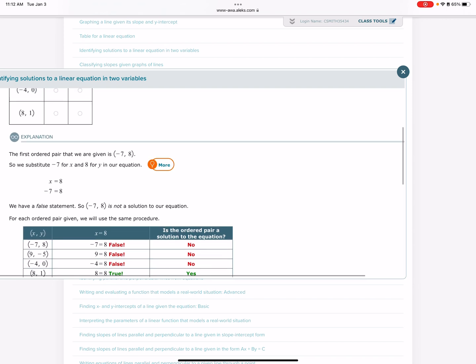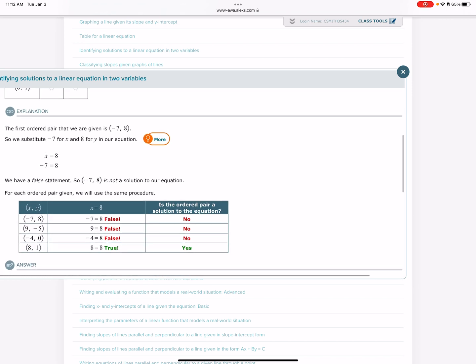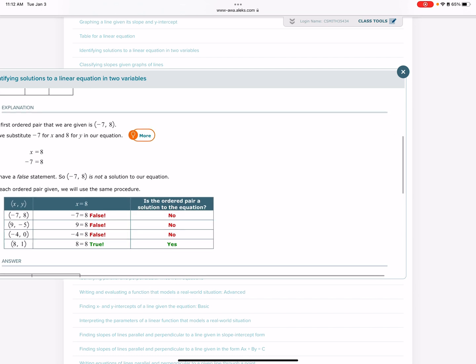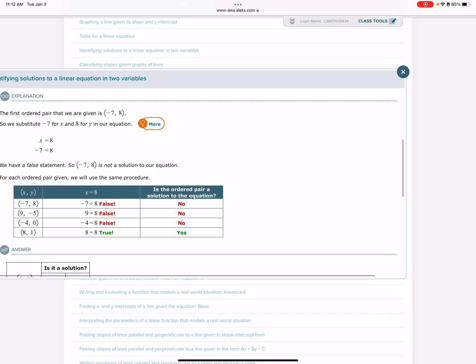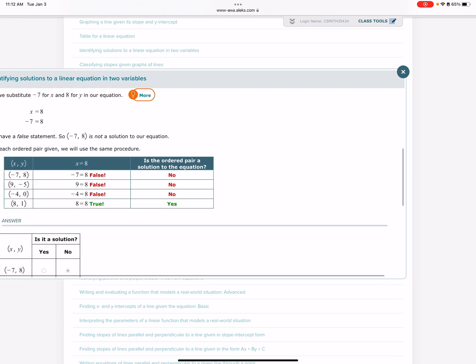What you do is plug it directly into the x equals 8 equation. It seems very confusing, but literally all we're doing is plugging in our x, which is negative 7 for the first one, and negative 7 doesn't equal 8, so no.